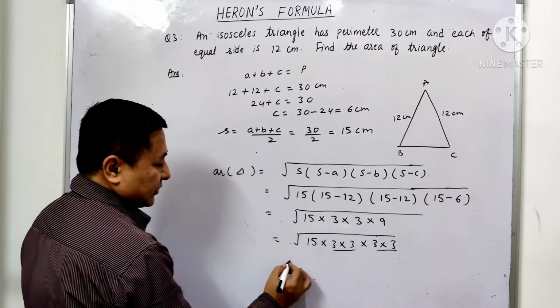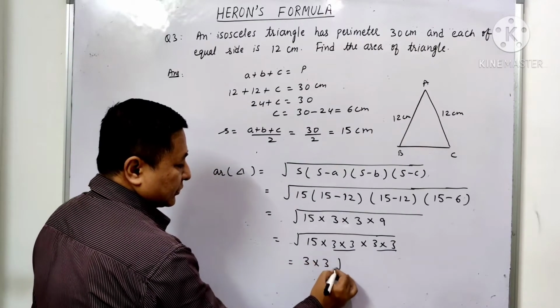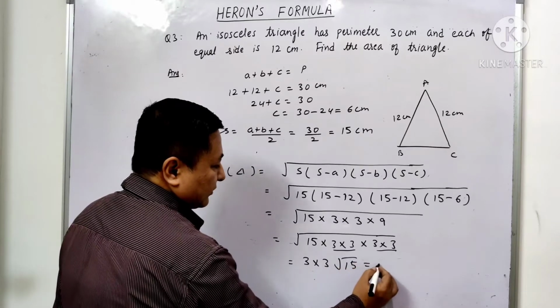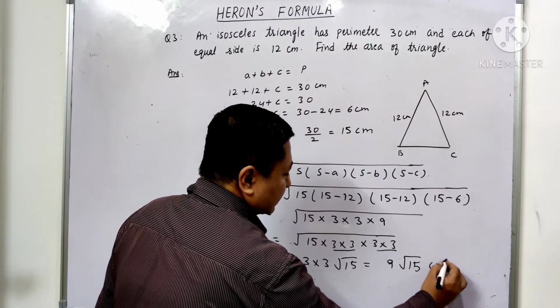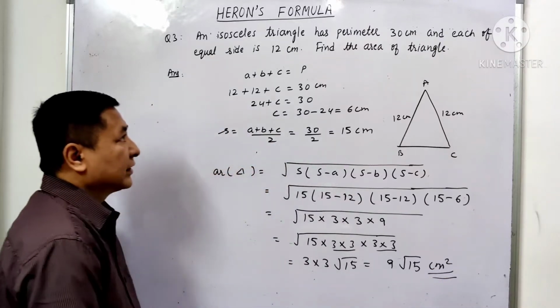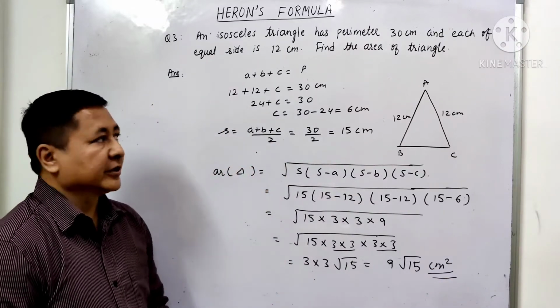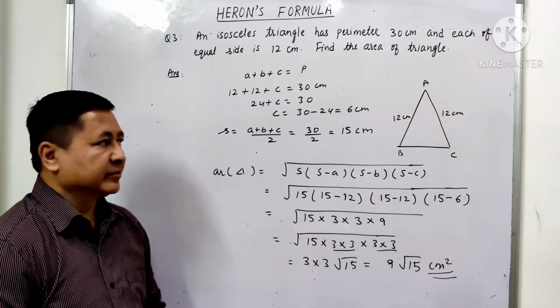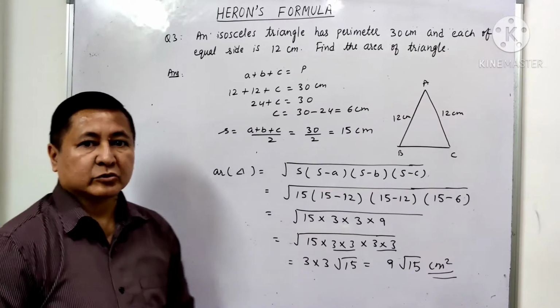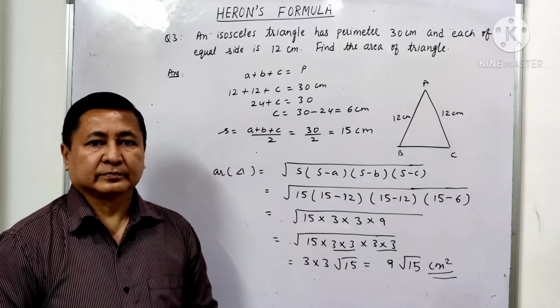This 3 and 3, so that is 3 into 3 root 15. So that will be 9 root 15 centimeter square. So the area of a triangle whose perimeter is 30 centimeter, and it is an isosceles triangle and each of the equal sides is 12 centimeter, is 9 root 15 centimeter square.